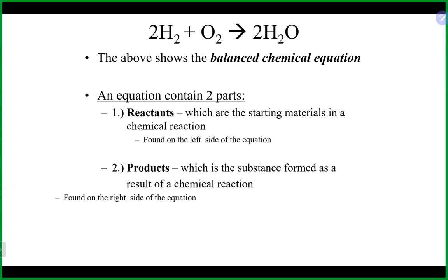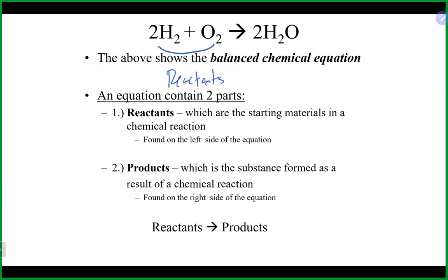Let's talk a little bit more about some of the parts of this balanced equation. As I mentioned before, everything on the left-hand side of the arrow are reactants. And that is your starting material in a chemical reaction. And everything on the right-hand side of the arrow are your products, which are formed as part of a reaction.